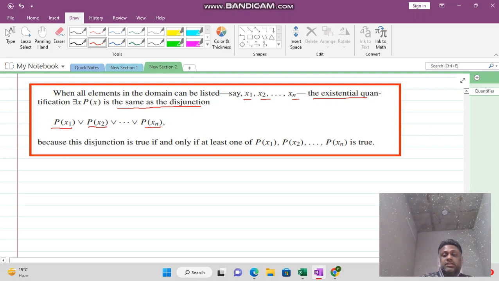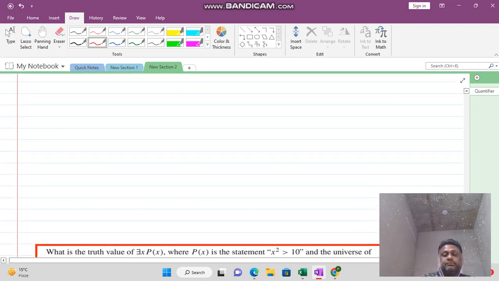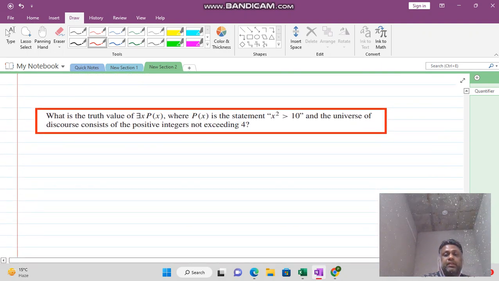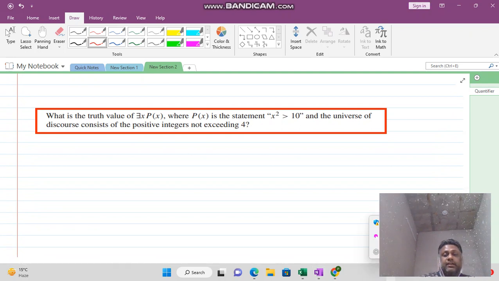Now you see this problem, where P(x) is x square greater than 10.